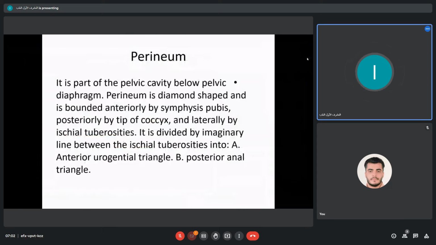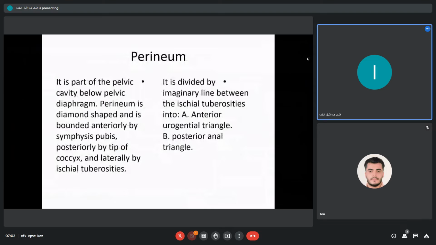As I said, the perineum is divided by the imaginary line between the ischial tuberosities into anterior urogenital triangle and posterior anal triangles.